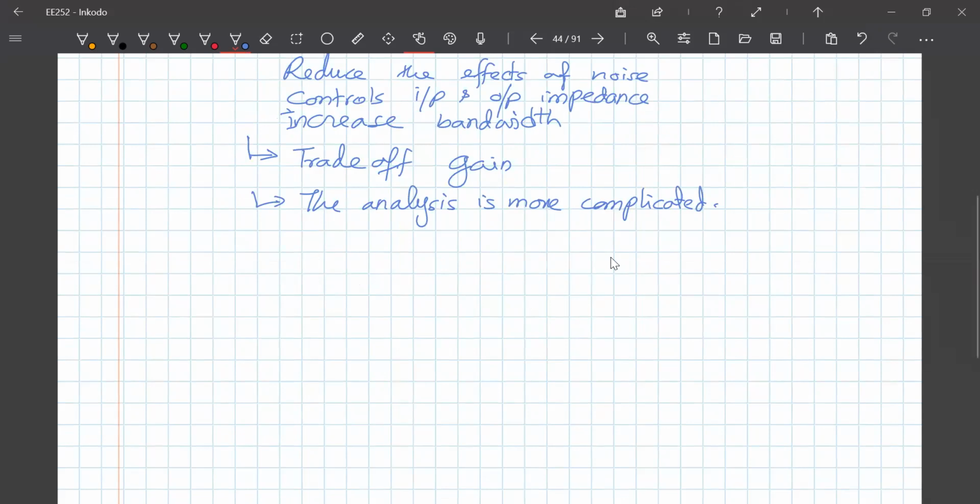Now, in multi-stage amplifiers, we discussed about this. So let me. This is not specific. The next thing that I'm going to talk about is not specific to feedback amplifiers, but to multi-stage amplifiers. But let me mention that here because I think I might have missed that point earlier.